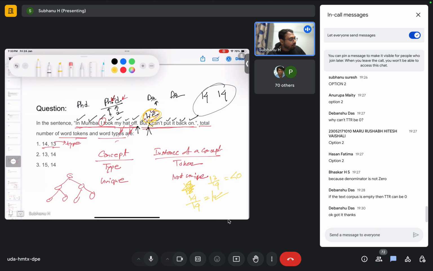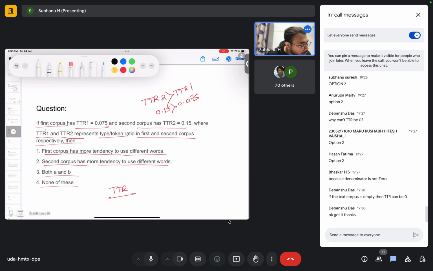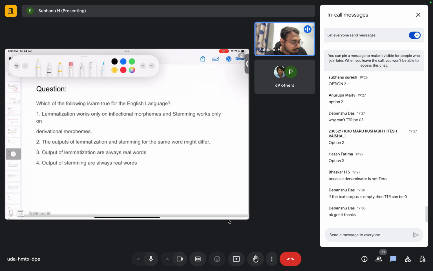So 1 means higher value, 0.9 something means lower value. That means if TTR is high, there is a high chance of unique words. So the second corpus has more tendency to use different words because its TTR2 is high. Got it? I gave you a simple example. If you are following, I think this is clear from the example.